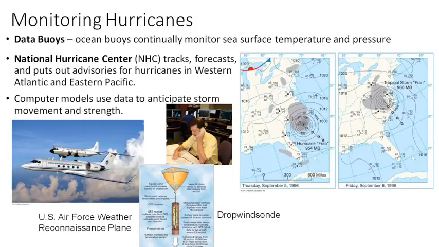And the folks that are monitoring the situation are located here in the National Hurricane Center. And I don't see where they're located. They're located in Florida, I think that's right.